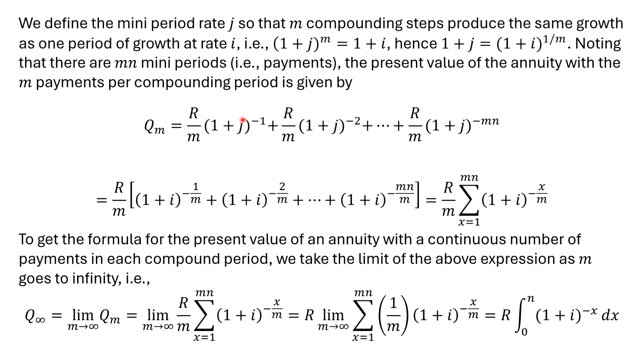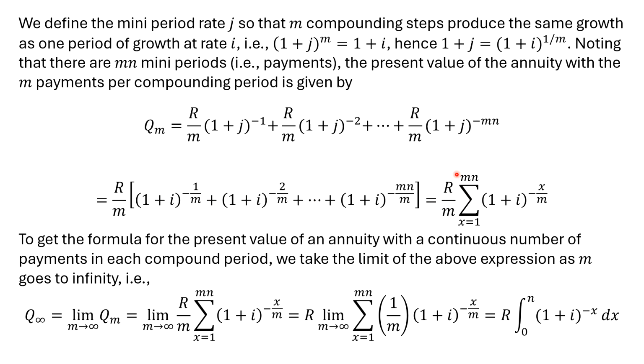So we're just discounting it back to time 0, and we have m times n of these. But we've solved for 1 plus j in terms of I, and so we have 1 plus j to the minus 1 is, for example, 1 plus I to the minus 1 over m. And then 1 plus j to the minus 2 is 1 plus I to the minus 2 over m. And you just do that all the way across.